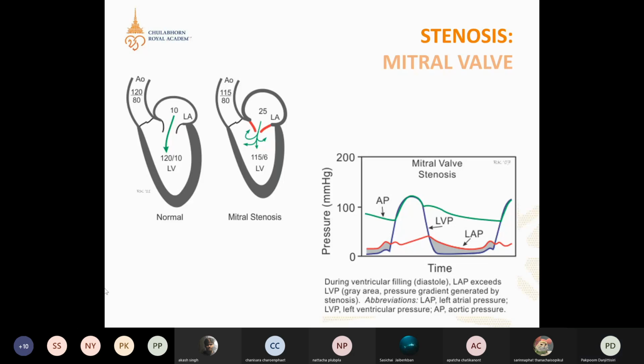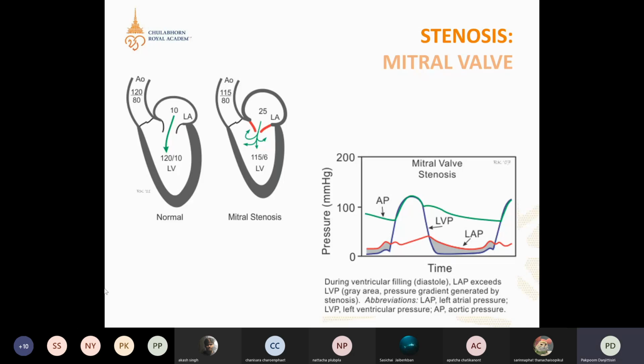Okay, the chamber preceding the mitral valve is our left atrium, so the left atrium will try to build more pressure to get higher than the left ventricle, because the left atrium must do that in order to overcome the mitral valve stenosis that tries to obstruct the blood flow from the left atrium into the left ventricle.